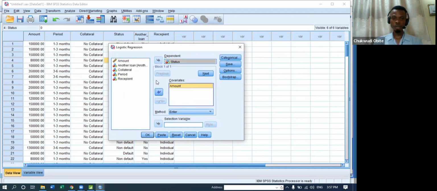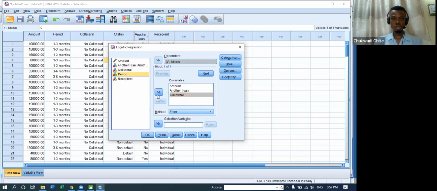What we are trying to do in this example is get a model. A microfinance bank wants a model so that when you come to take a loan, they just ask you a few questions and input the answers into the model. The model will tell them whether this person is likely to pay the loan or likely to default. That's how important it is.